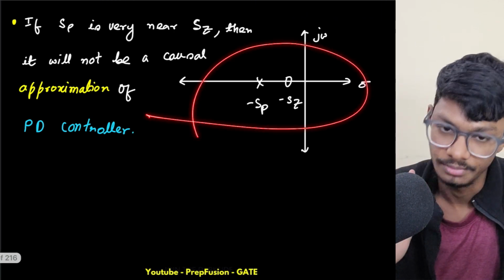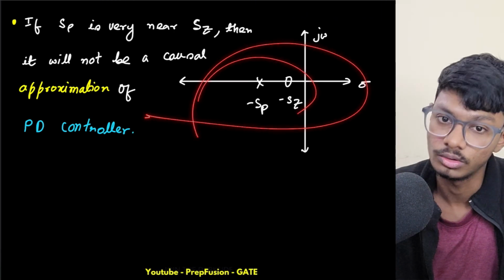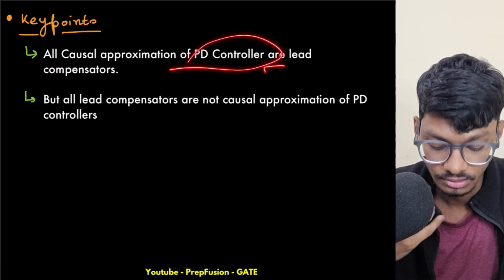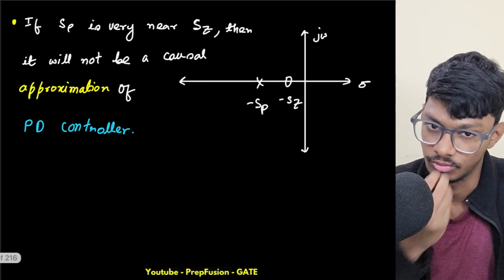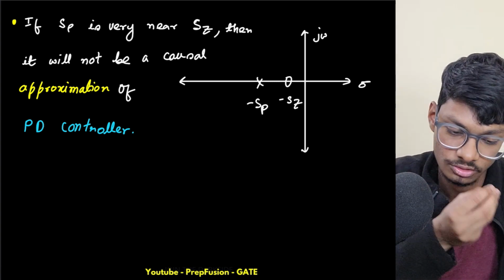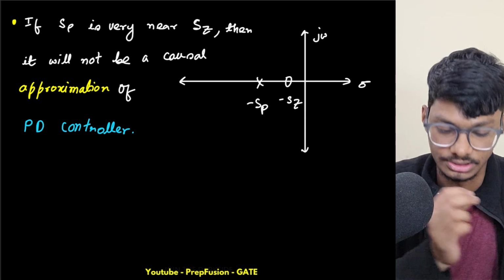So this is a lead compensator, but this is not a causal approximation of the PD controller, and all causal approximations of PD controller are lead compensators. That is true because there will be one zero which is near to the origin and the pole will be far away. That is also included in the lead compensator.